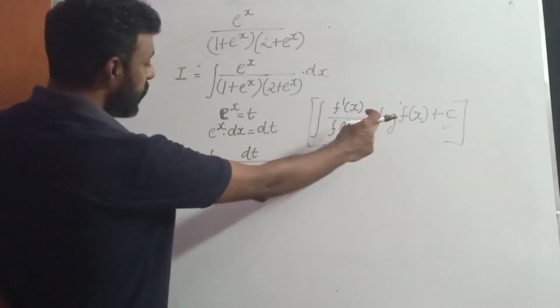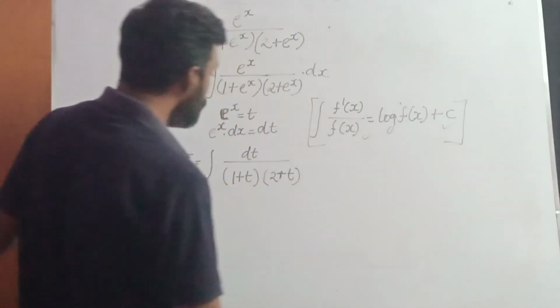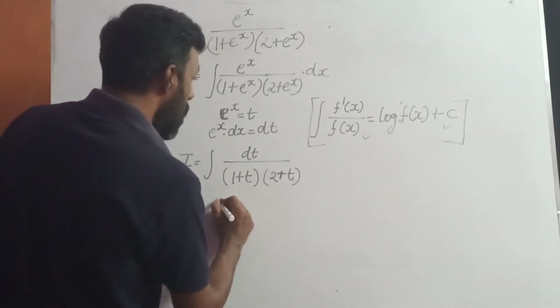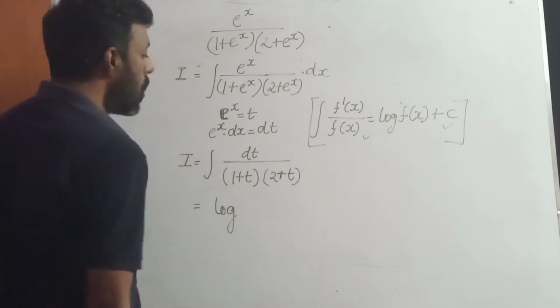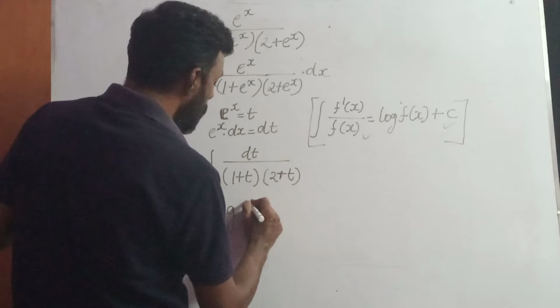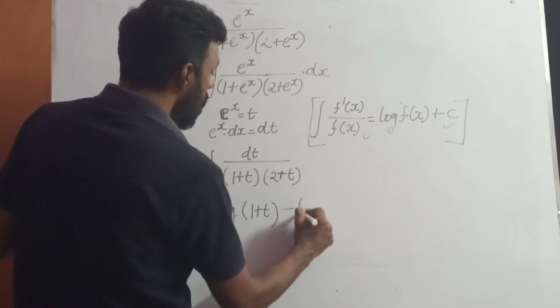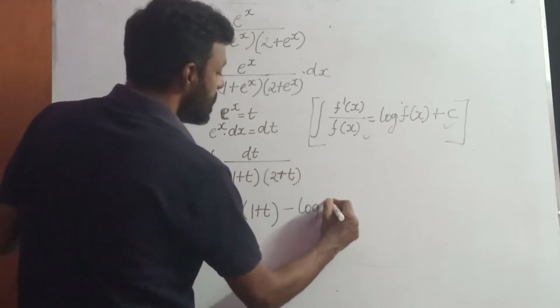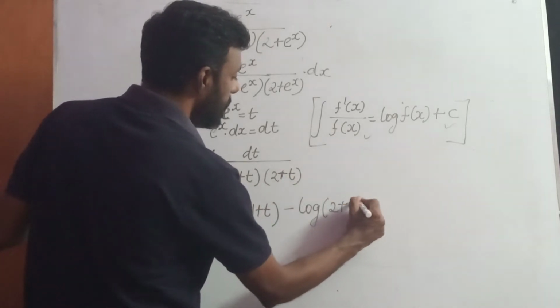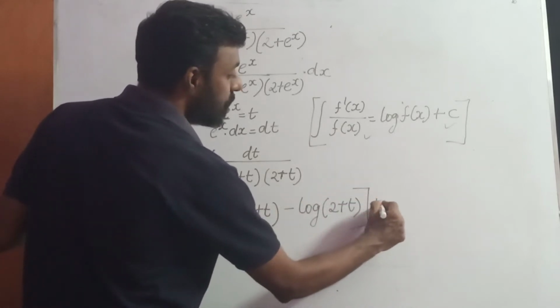If I use this formula, my problem will get reduced to log of 1 plus t minus log of 2 plus t, plus c, the constant of integration.